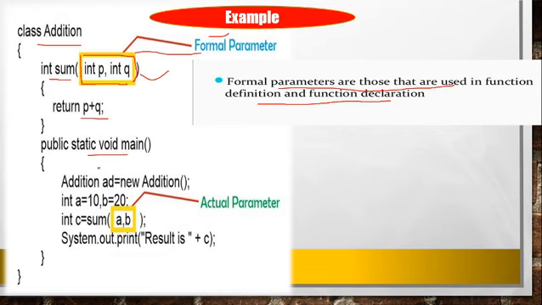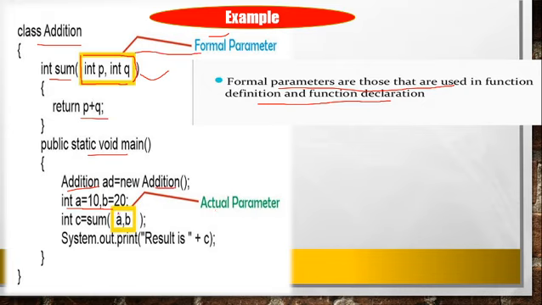Now in the main method, whenever I have to call the methods, as I have explained about the calling of methods, first you have to create the object of the class. So I have created addition ad equals to new addition. Now two variables I have taken, a and b, and I have given here a and b. So this a b is the actual parameter. Why?